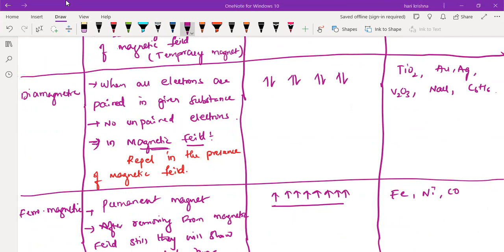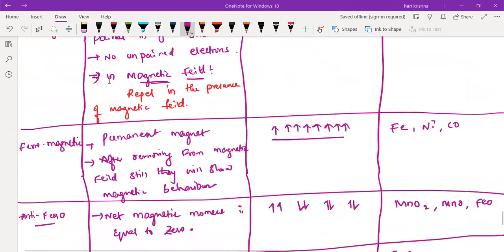And ferromagnets are the strong magnets and are also called permanent magnets. All the domains will be in the same alignment in the presence of a magnetic field. So when you remove them from the magnetic field also, they will show the magnetic behavior. Best examples are iron, nickel, cobalt.